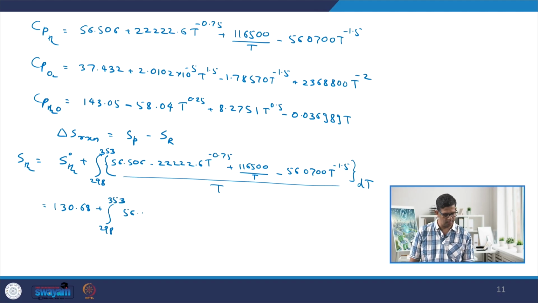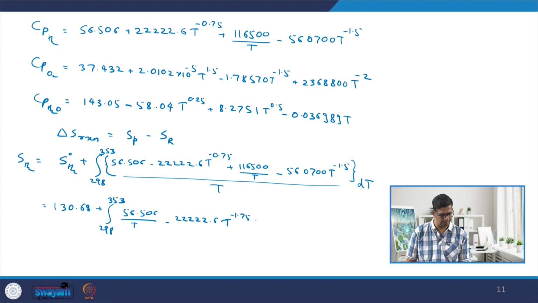So 56.506 divided by T minus 222.6 times T to the power minus 1.75 plus 116500 divided by T square minus 560700 times T to the power minus 2.5, right.